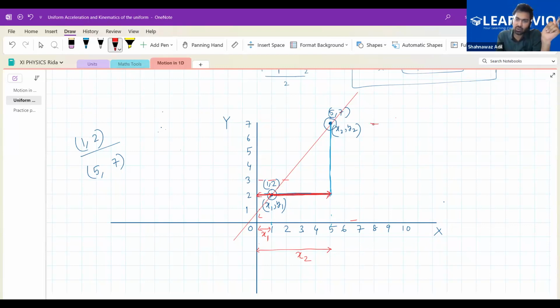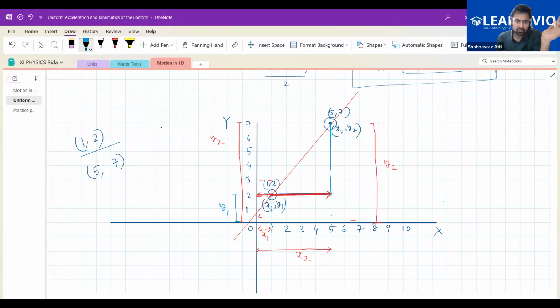This is the new y, y2, from here to here. y2 is 7. And earlier, what was y? Earlier, y was 2.